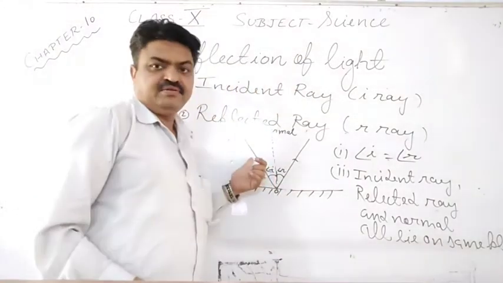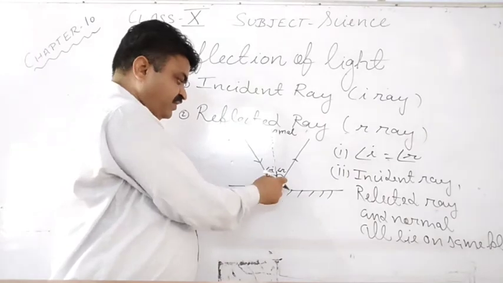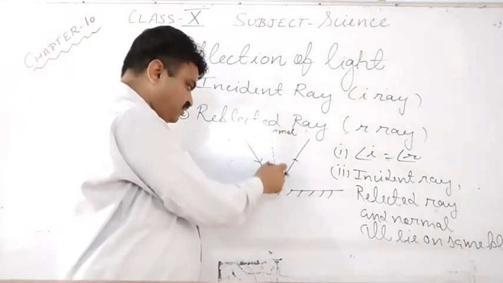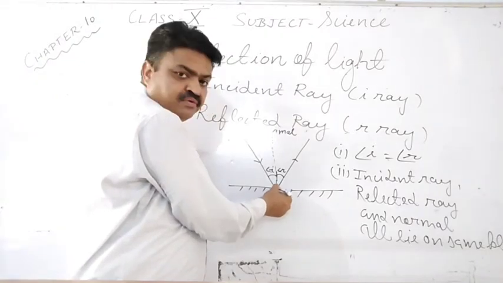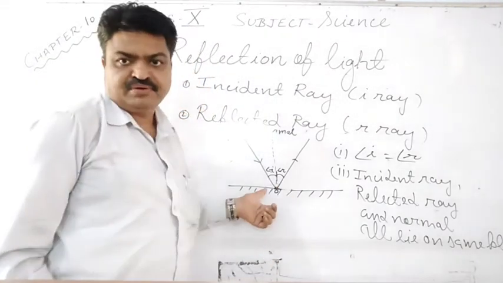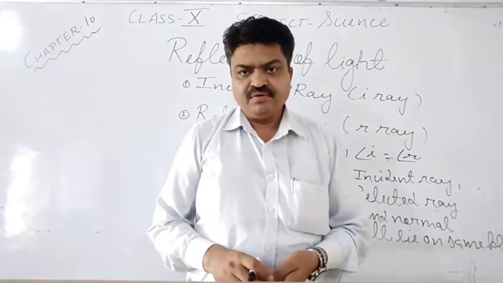So in this figure you can observe, student, incident ray, refracted ray and the normal all lying on the same plane. They are lying on the same plane here at the point O, and it is the second law of reflection.